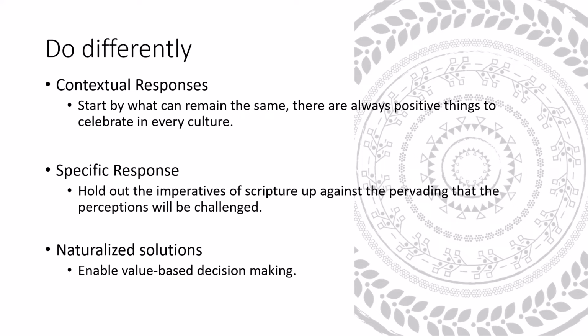We want to also hold out the imperatives of scripture against the pervading views and perceptions that need to be challenged, or that we should also question in the converse. And then we want to enable the learner. This is really key for us.